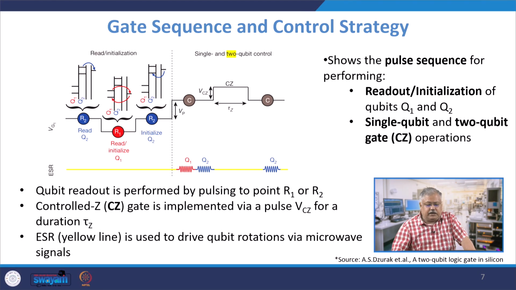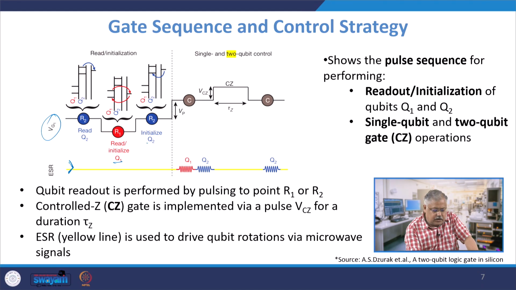Now let us look at the gate sequence and control strategy. This is the pulse sequence for performing a readout or initialization of qubits Q1 and Q2, and I am assuming it to be single qubit as well as 2 qubit operation. If you look at this, this is the ESR which you are inserting, this is gate voltage 1, and I have Q1 here, Q2 here.